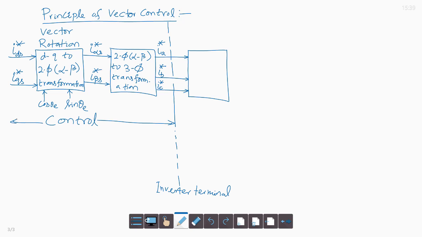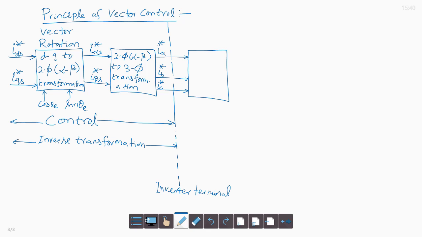And this part is the inverse transformation. In this inverse transformation, the control commands, the flux component and torque component current commands IDS star and IQS star, are converted to 2 phase command currents using unit vector e to the power j theta e, and then from 2 phase to 3 phase current commands IA star, IB star, IC star, and given to the inverter.